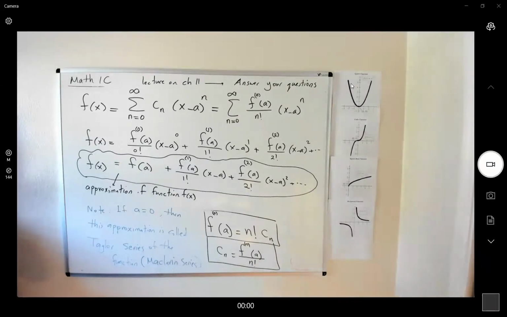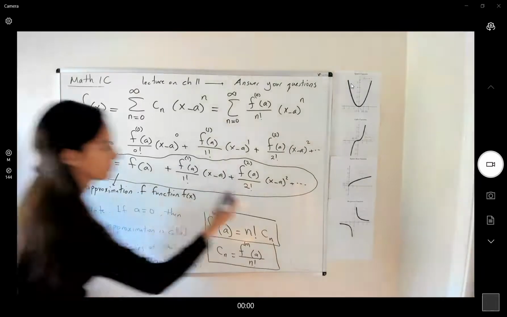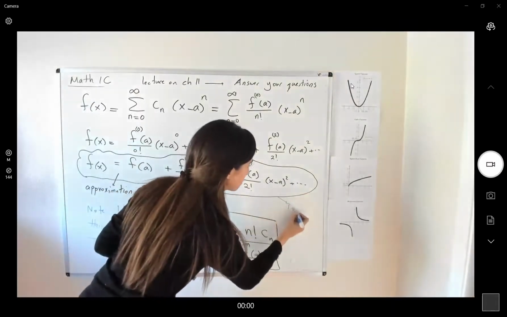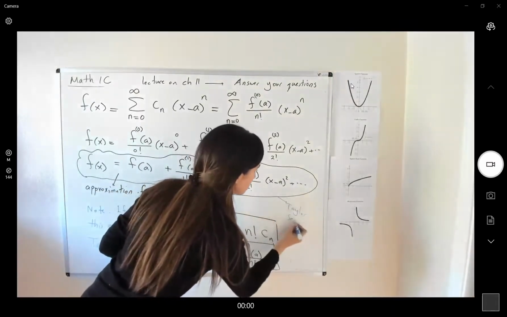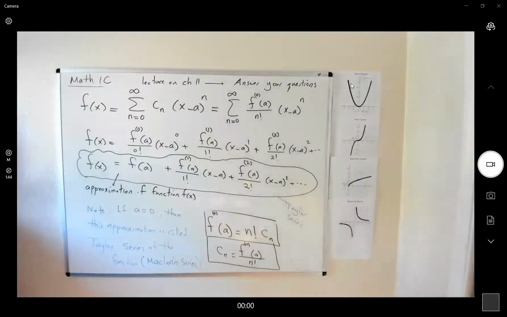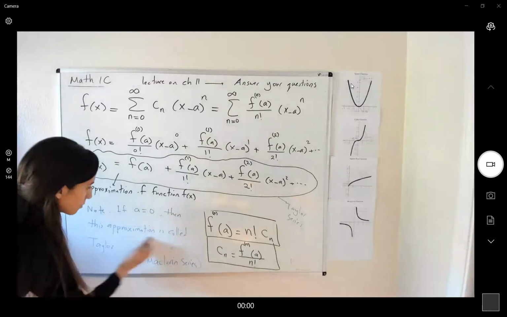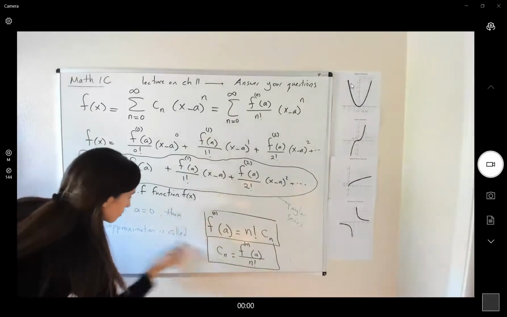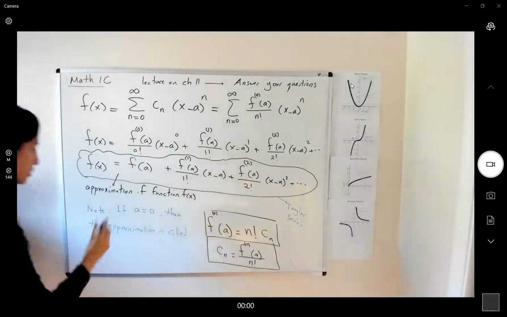So let's call it in general the Taylor series, and if a is equal to 0, then you should just call it the Maclaurin series. It's better to write it this way.